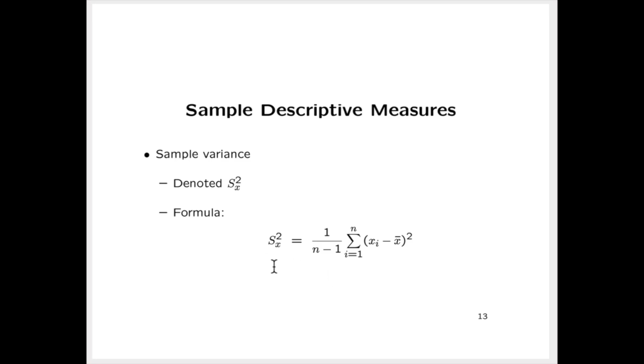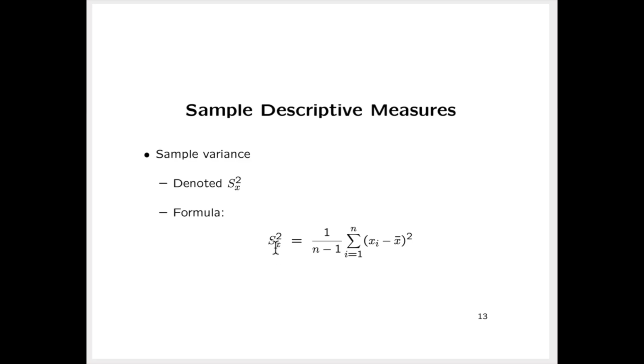Now, how do we denote the variance of a sample? We're not going to use sigma squared, because sigma is reserved for a population. The way that we would typically represent a sample variance is using the letter s and then squaring it, so s squared. I can also subscript s squared with the letter that we're using to denote the observations, in this case x.